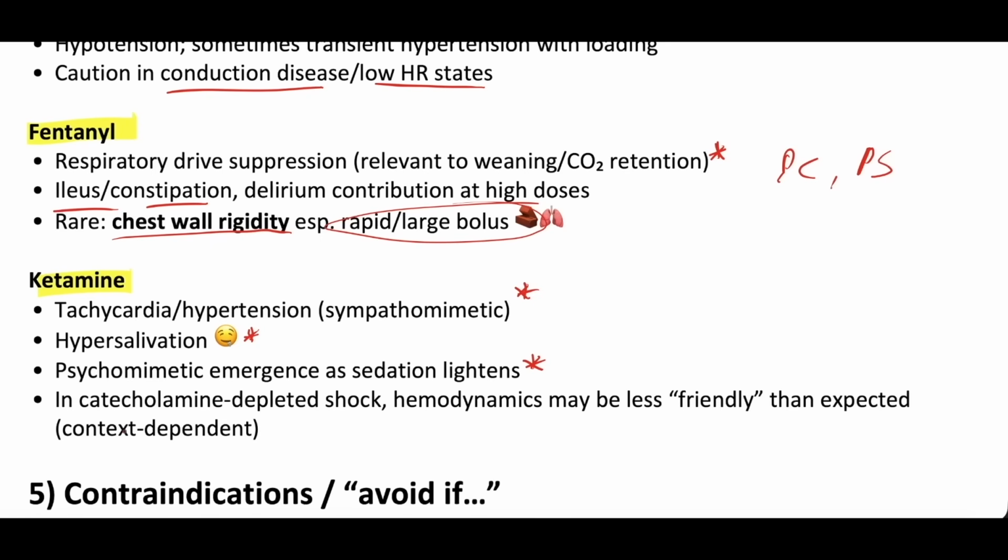We did just want to shout out, there's this entity, we're not going to go over it in detail, but in a patient who is catecholamine depleted, right? All of our bodies produce catecholamines, norepinephrine, epinephrine, all that good stuff. If we have a pathophysiology where our endogenous, our own catecholamines are depleted, sometimes giving ketamine actually can cause worsening hemodynamic compromise.